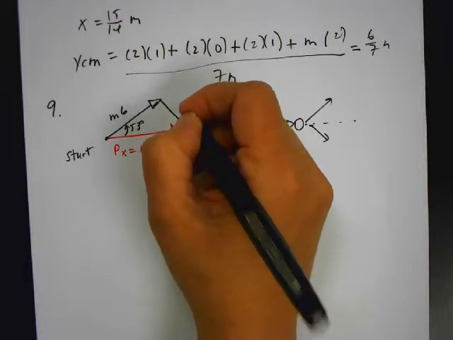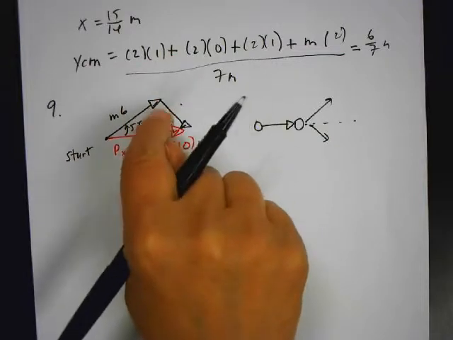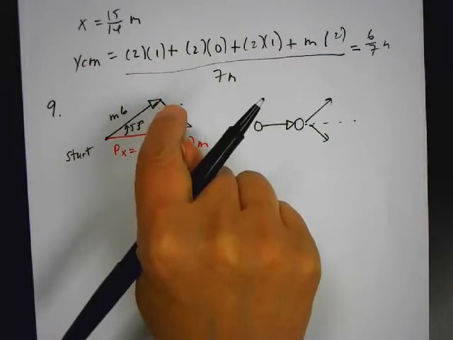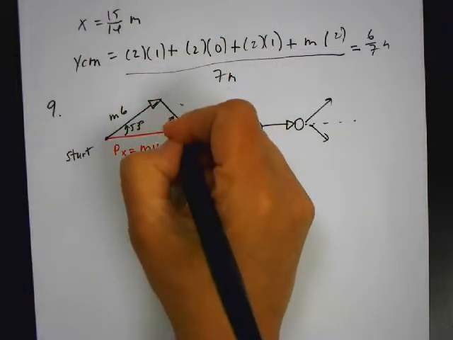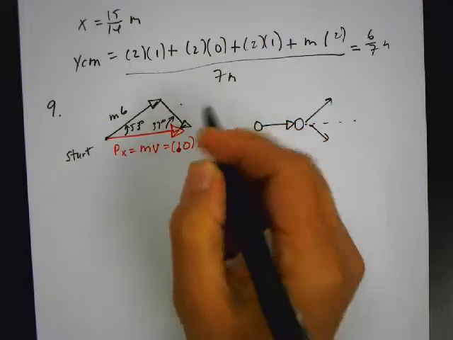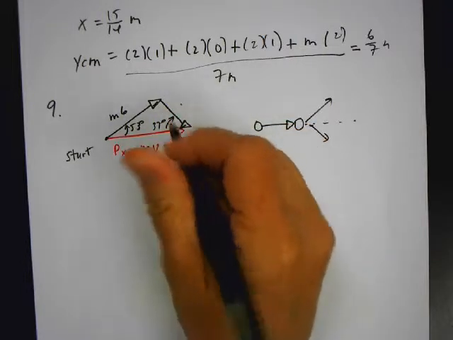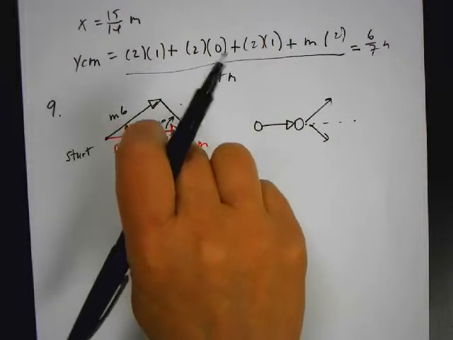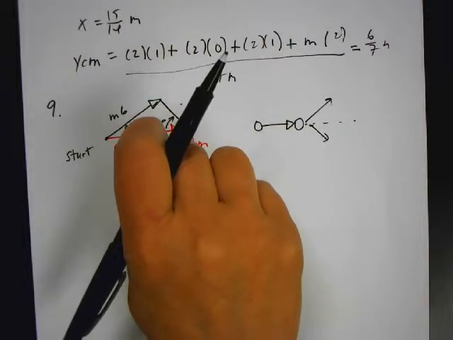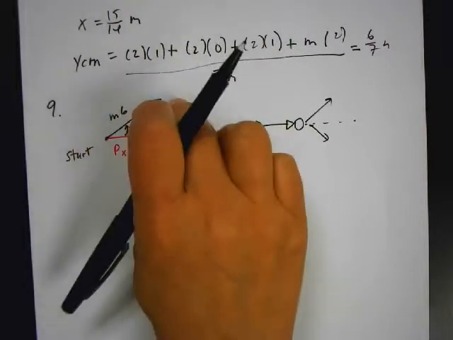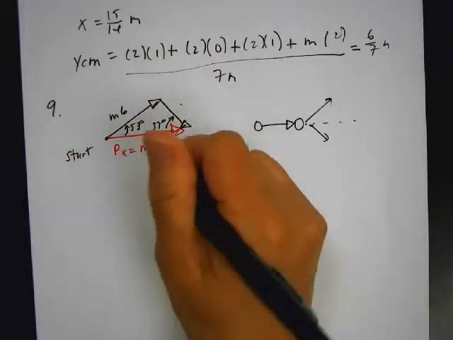So how do I find this? Well, this is a right triangle, and this angle here is 37 degrees. To find the magnitude of it, this squared plus this squared is equal to that.